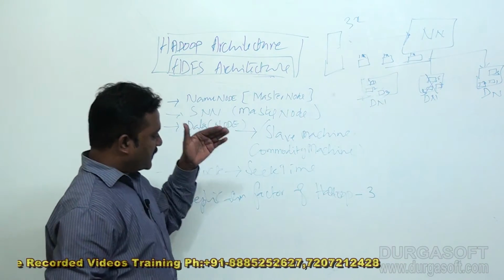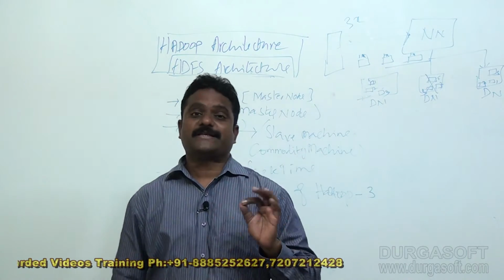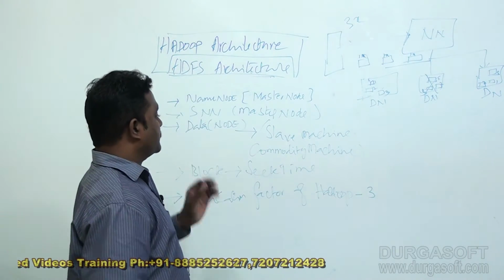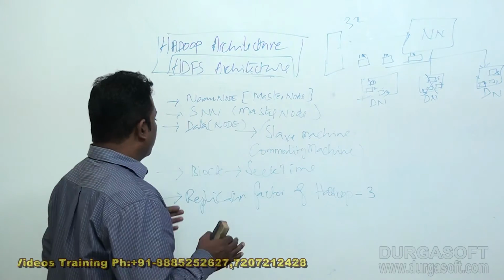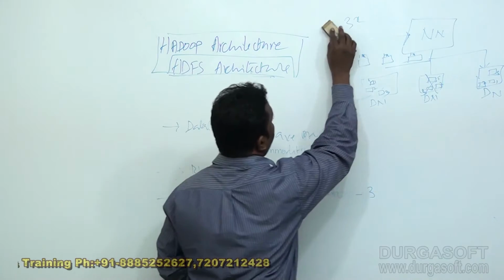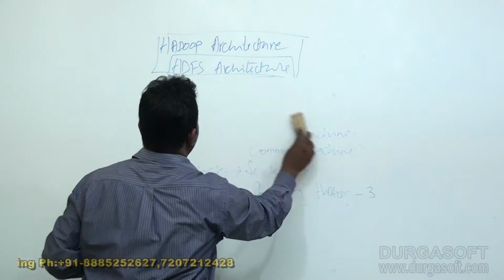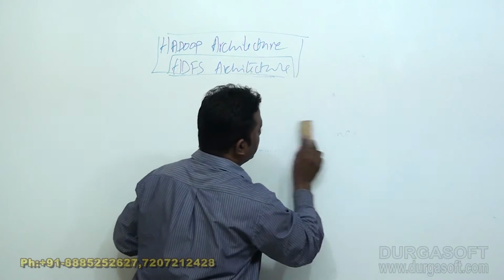Why we have replications is because we can avoid data loss. To avoid data loss, we have the concept of replication here. I hope you understand the different things that happen in the Hadoop architecture.